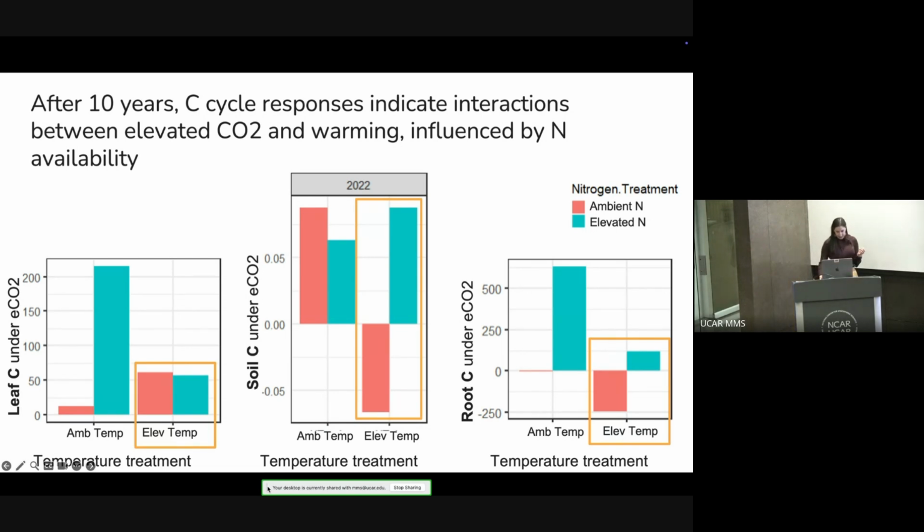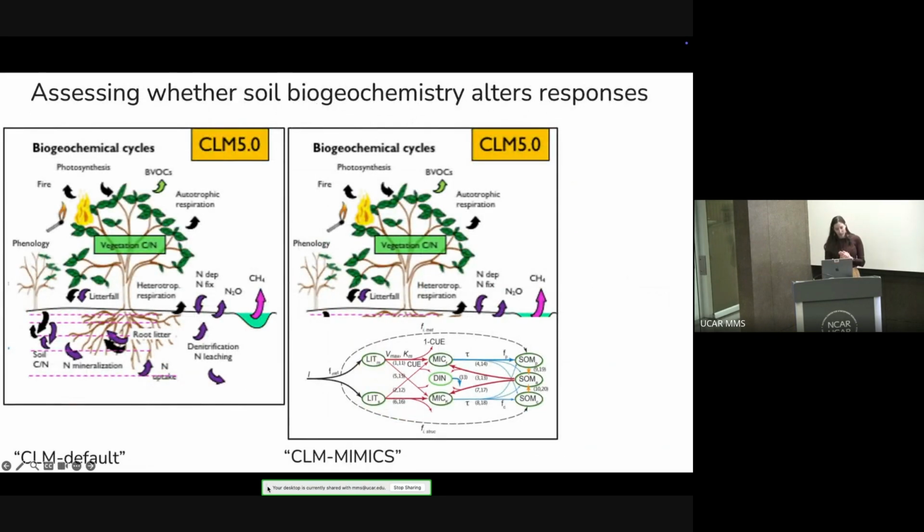And to that end, we want to assess whether soil biogeochemistry alters responses to interactive global change. So we intend to use CLM5 with its default soil model, which is a CENTURY-like soil model that I'll refer to as CLM default.